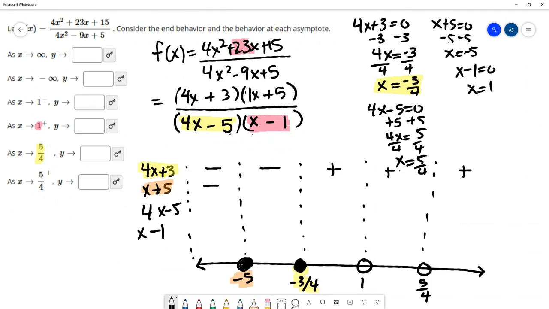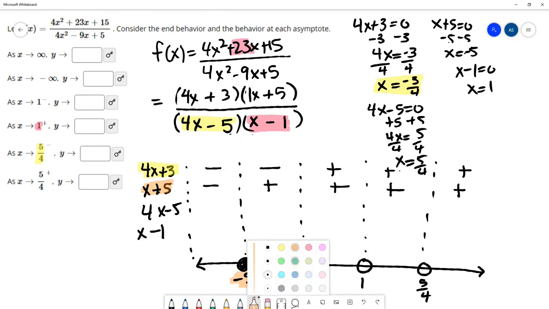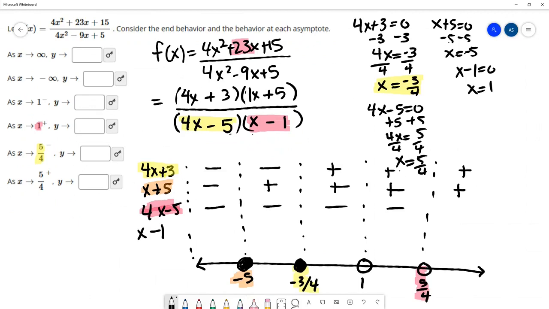It changes from negative to positive over that 0. We have a factor of 4x minus 5, and it's going to change signs over the 0 of 5/4. Negative before it, positive after it.